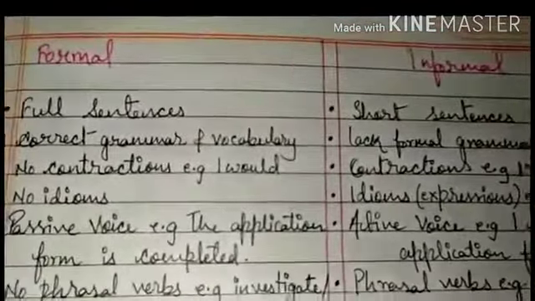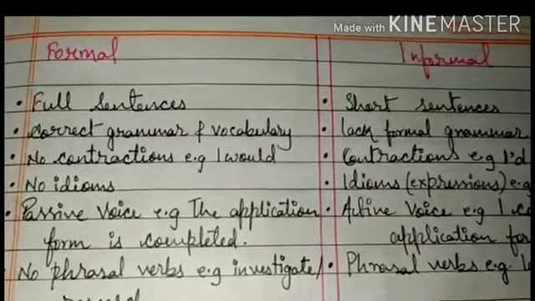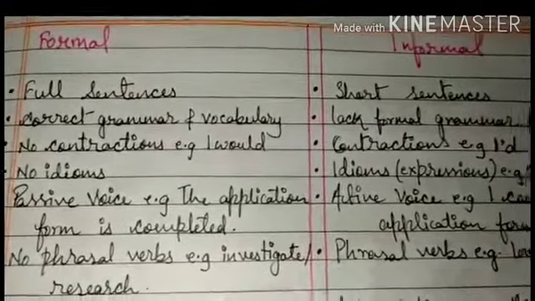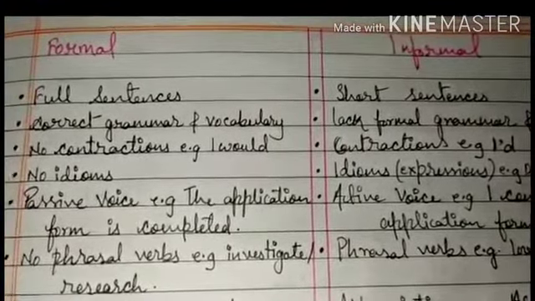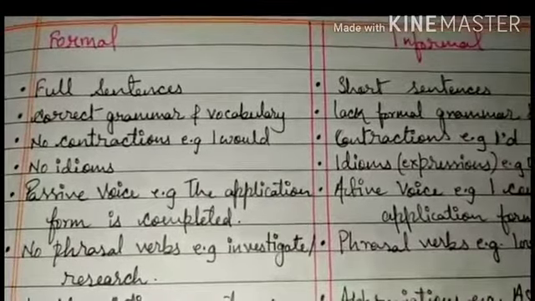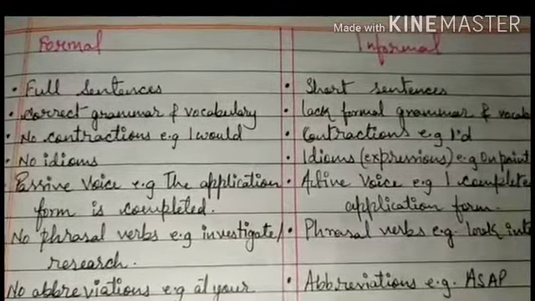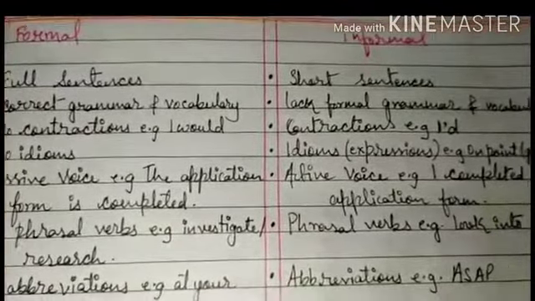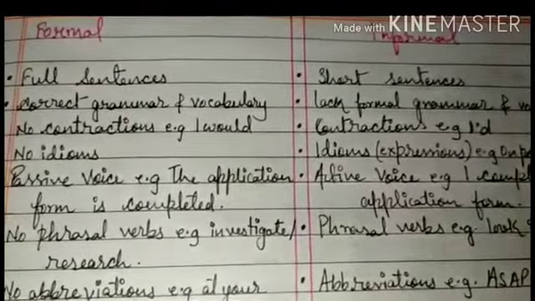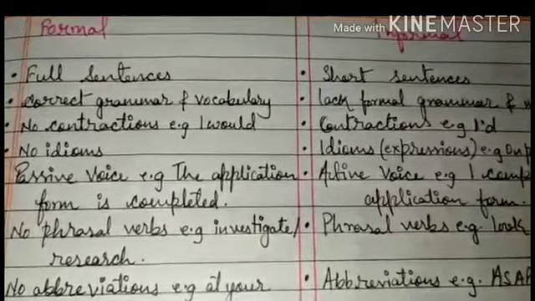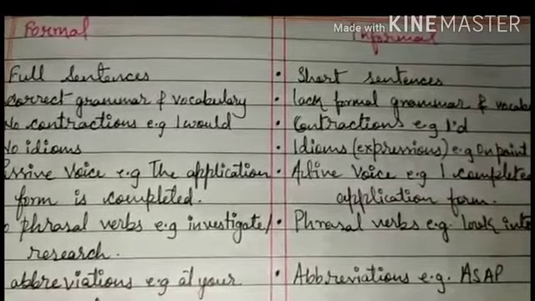See, at first you can see here formal, what you are supposed to use, full sentences, whereas in informal you can use short sentences. Correct grammar and vocabulary. In informal, lack of formal grammar and vocabulary. No contractions, for example, I would. In informal, contractions, example, I'd.